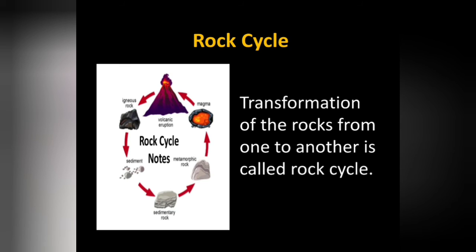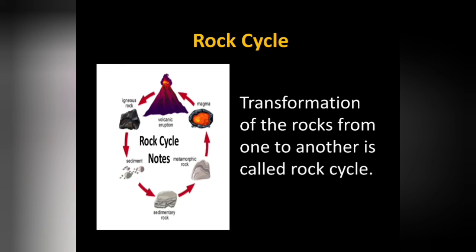form the sedimentary rock. When the igneous and sedimentary rocks are subjected to high temperature and pressure, they change into metamorphic rock. And the metamorphic rock, when it undergoes high temperature and pressure, melts down to form the molten magma.